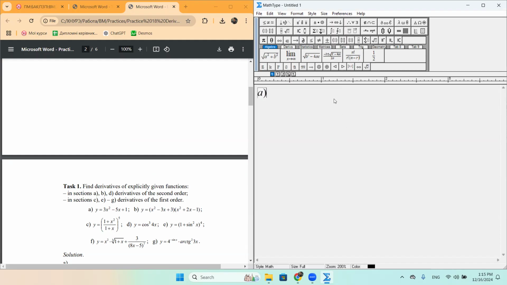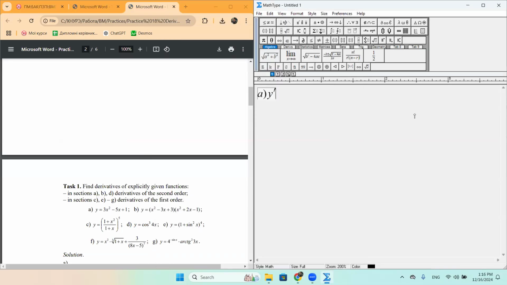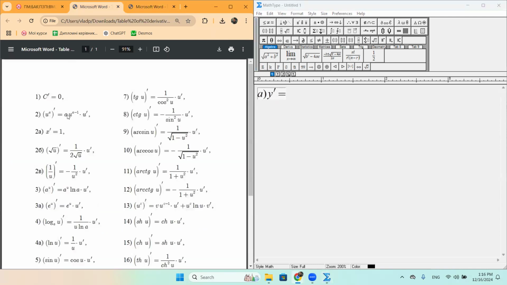So let's solve A. For A, B, and D, we need to find the first and second derivatives. So y prime equals the derivative of a power function. Let me remind you how to differentiate it. So the derivative looks like this.